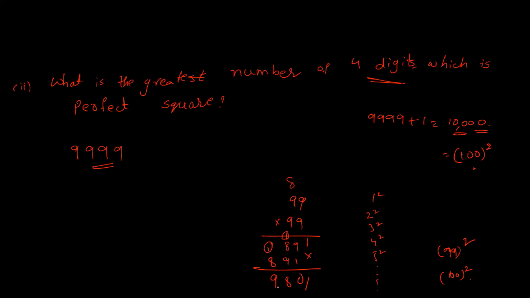Here 8 plus 1 is 9. 9,801. So 99 squared is 9,801. This is the greatest 4-digit number which is a perfect square.